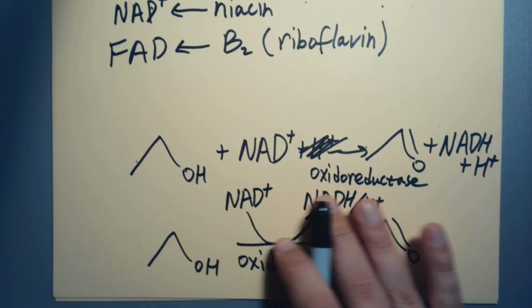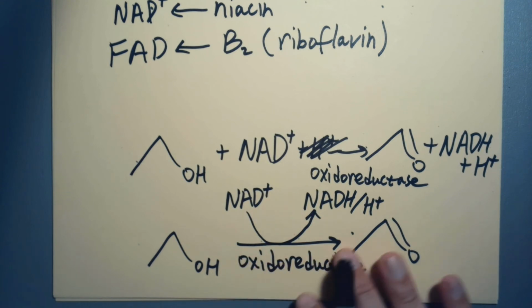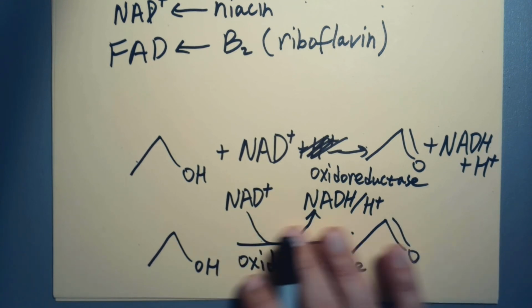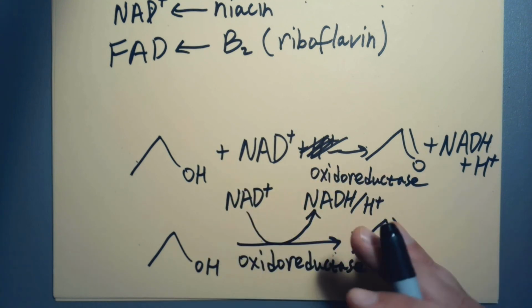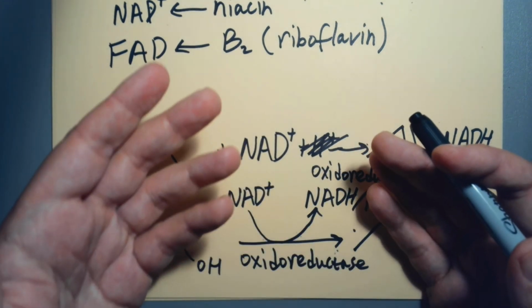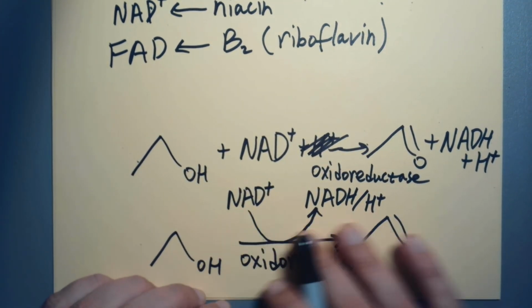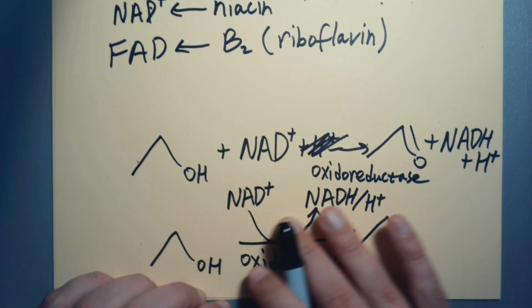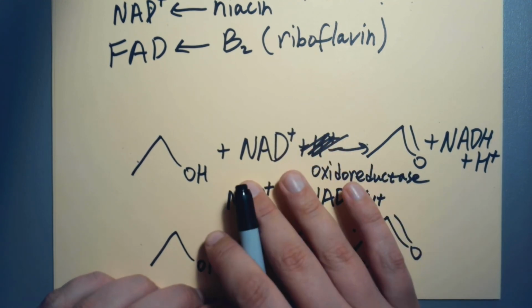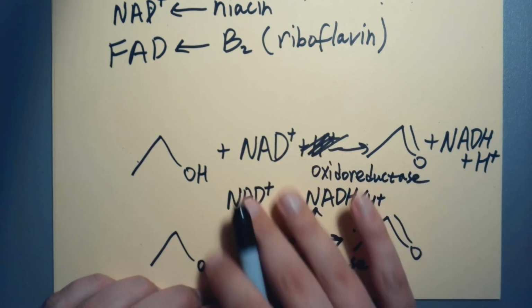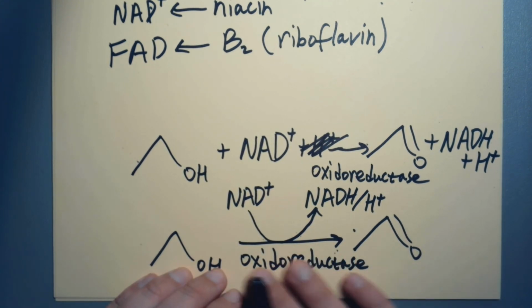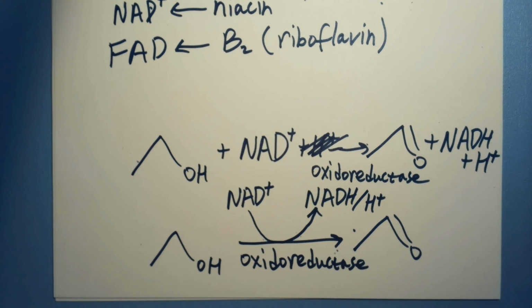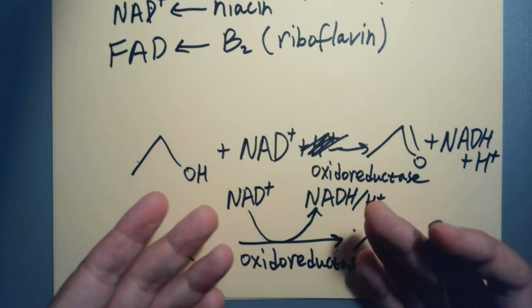These coenzymes are derived from vitamins, and they're also sometimes called cofactors. So they're just other large biological molecules used in the reaction, and they can cycle around. So NAD plus can become NADH, can become NAD plus again, so it gets reused over and over again. Just like our enzyme doesn't get used up in the reaction, it keeps its structure, just like all catalysts do.